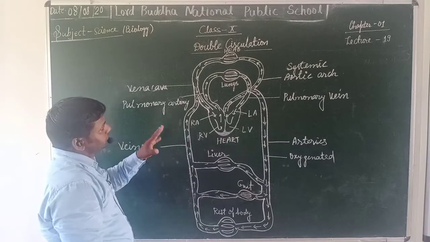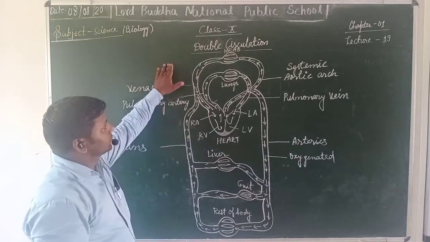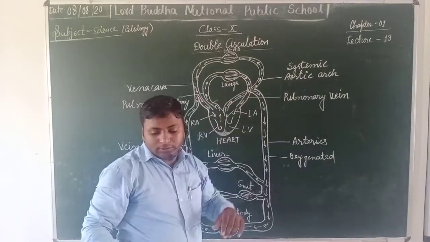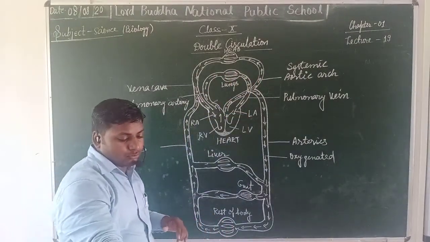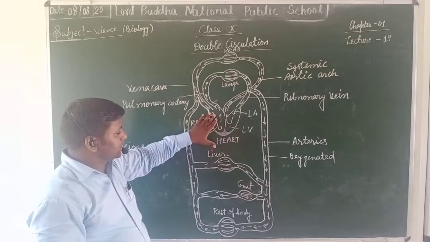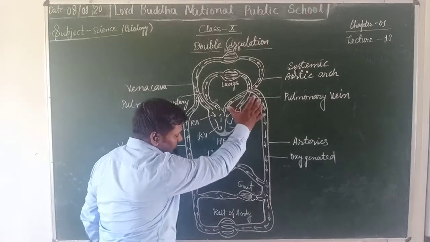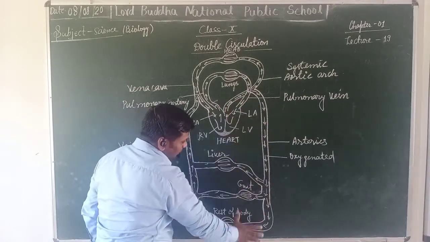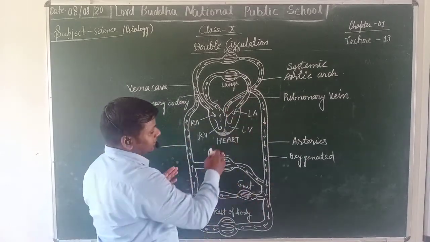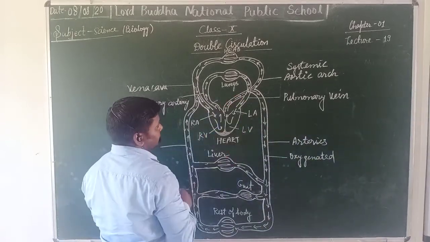Now, one thing is more important to explain the double circulation: the oxygenated blood, it means the arterial blood, is located in the left half of the body. This is the left half of our heart.